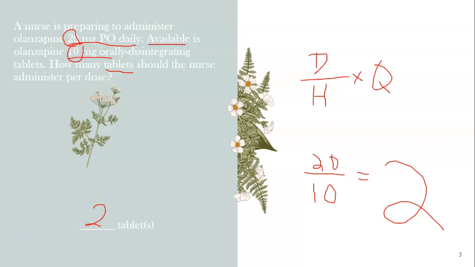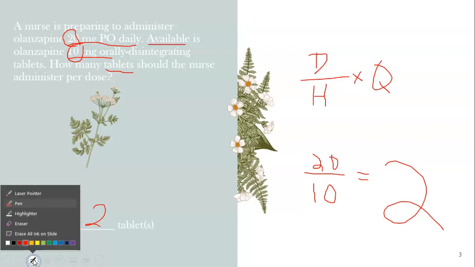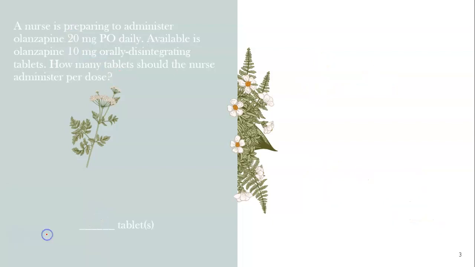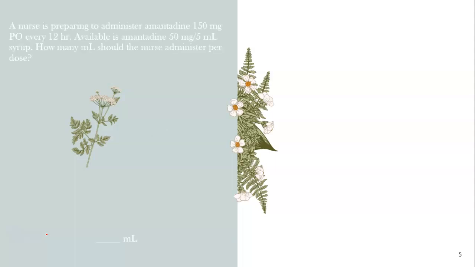Does that make sense? I look in my hand and I have one pill, it's 10, and one pill, it's 20. Yes, that makes sense. So I'm going to go ahead, check my answer, 2 tablets.